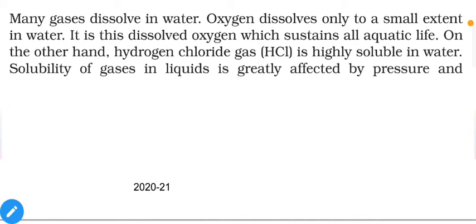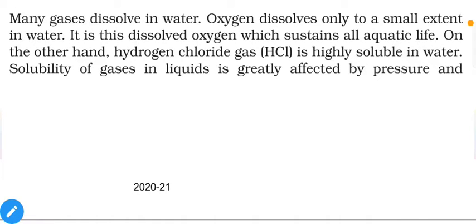On the other hand, hydrogen chloride gas is highly soluble in water. So the hydrogen chloride we use inside the laboratory is actually hydrogen chloride gas dissolved in water. It is not a pure liquid. It is a solution of HCl in water.